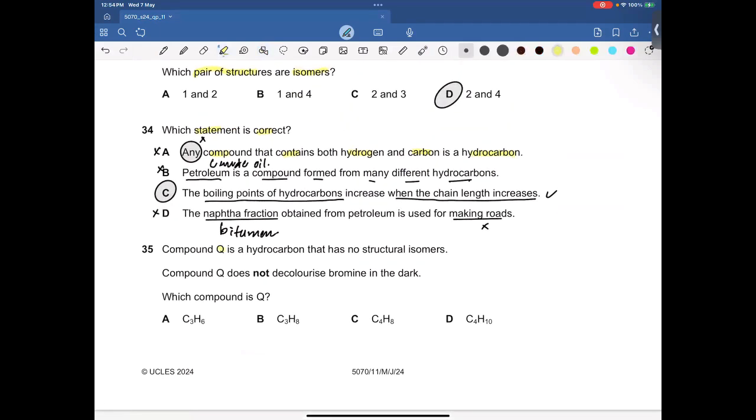Compound Q is hydrocarbon that has no structural isomers. Compound Q does not decolorize bromine in the dark. Which compound is Q? Has no structural isomers and does not decolorize bromine in the dark.